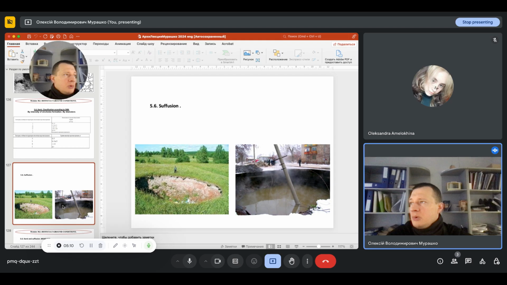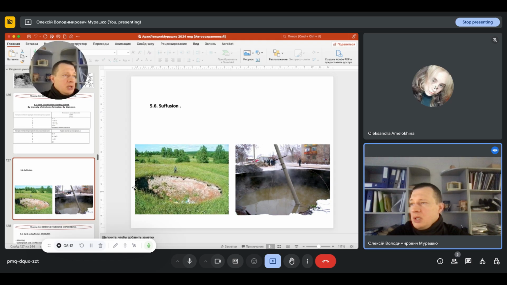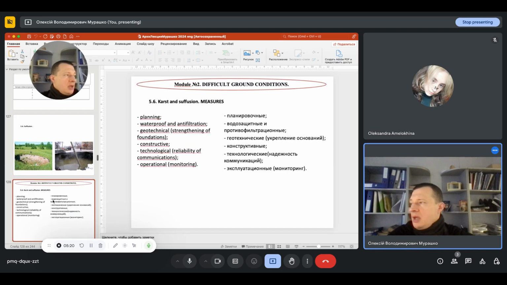And a few more questions connected with submersion. Here is the impact of underground water on the creation of such caves, and we have to use planning measures so as not to collect water in certain places of the ground, to protect them from karst and submersion.